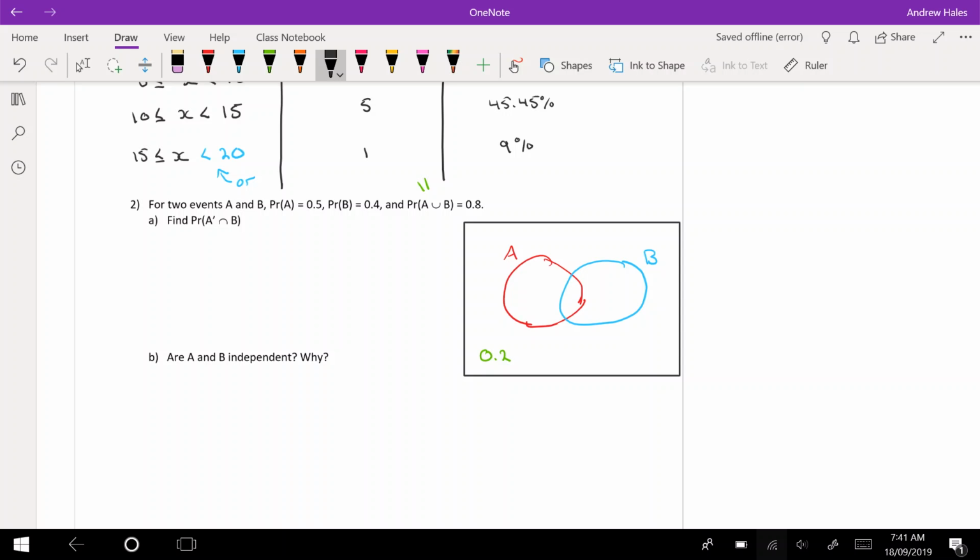Now, if I know that the union of the two sets is equal to 0.8, I'm going to find my addition rule to try and find the intersection. So the probability of A union B is equal to the probability of A, add the probability of B, take away the intersection.